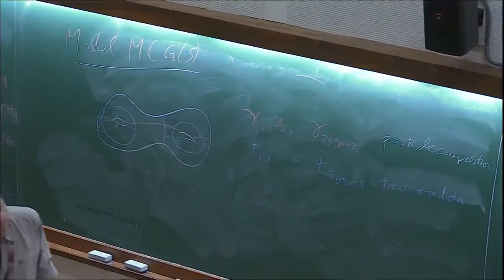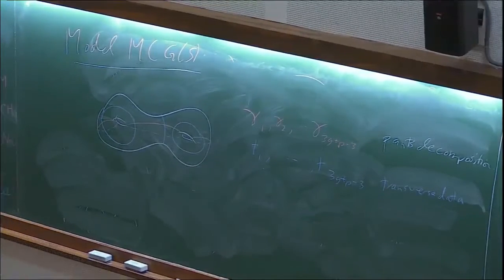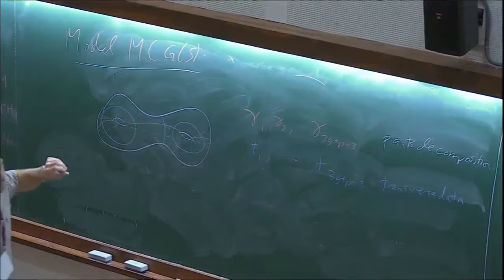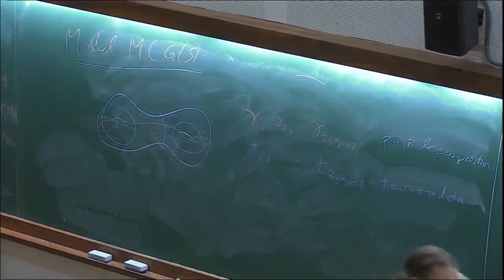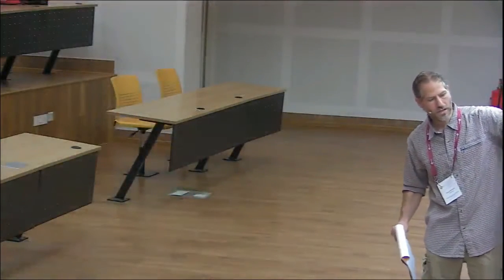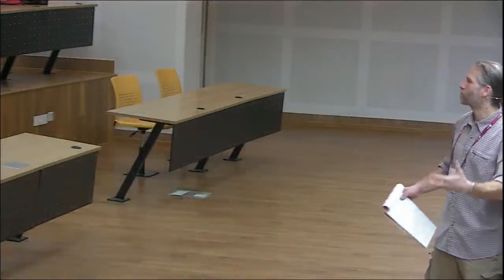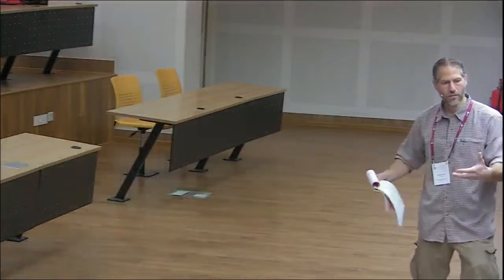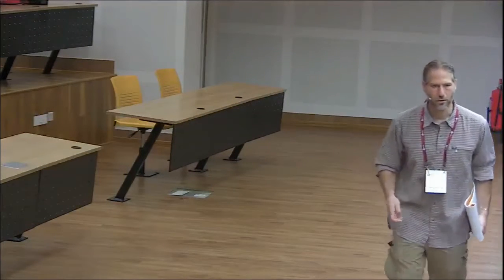Actually, here's a slight lie that I said before. Well, it's not quite a lie. For the annulus, it's true that there's not an interesting mapping class group there. But the reason that's a slight lie is that as a subsurface of an ambient surface, there is something interesting that can be told from annuli.